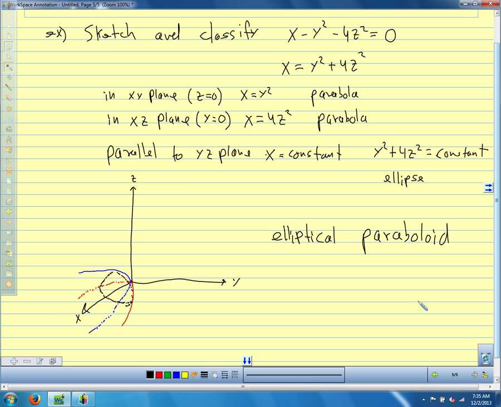So with the quadric surfaces, what I suggest is you sketch their trace in the coordinate axes, and then we connect those traces based on what the information tells us.